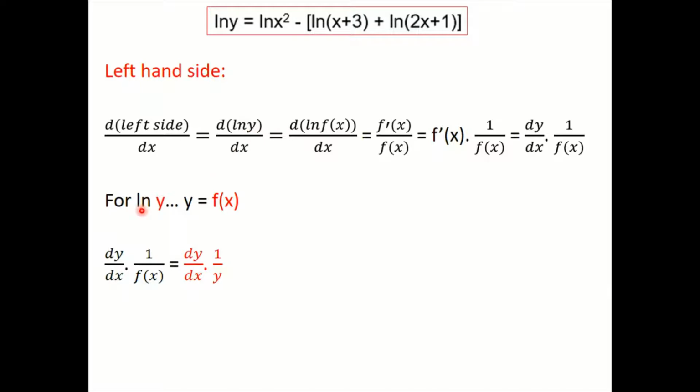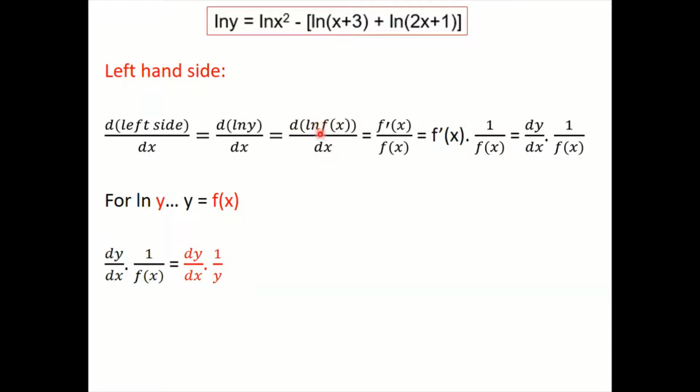And recall that y is simply a function of x. So we can rewrite this as finding the derivative of the logarithm of a function of x with respect to x. We now need to recall our rules of differentiating natural logarithms.